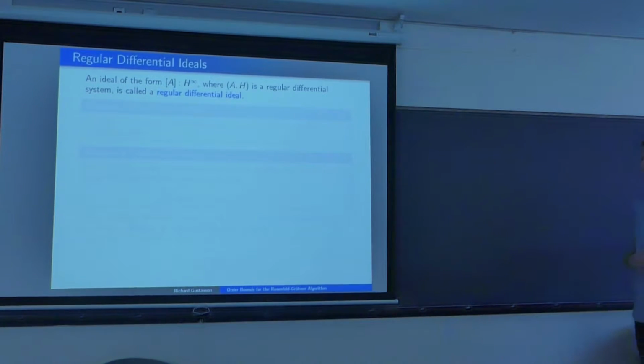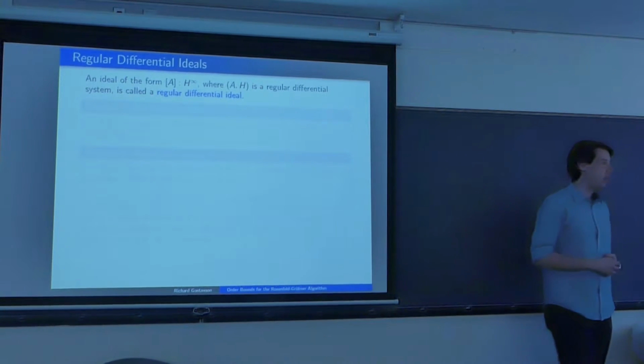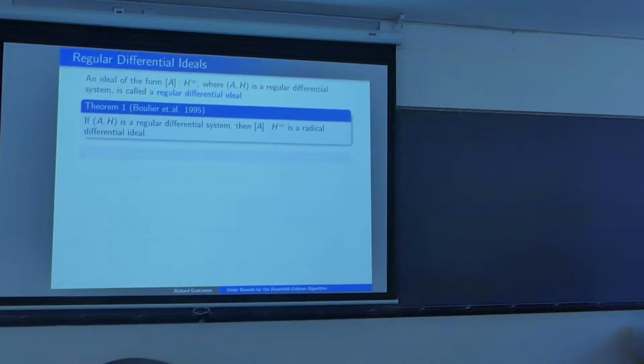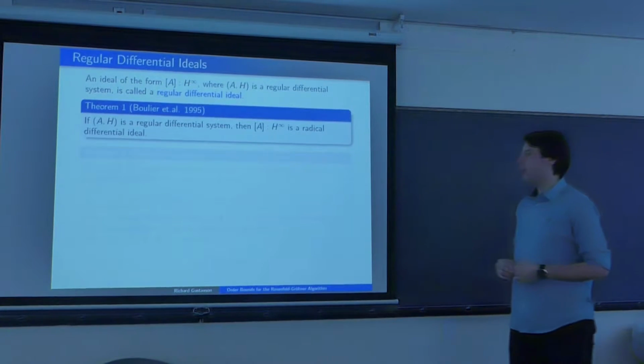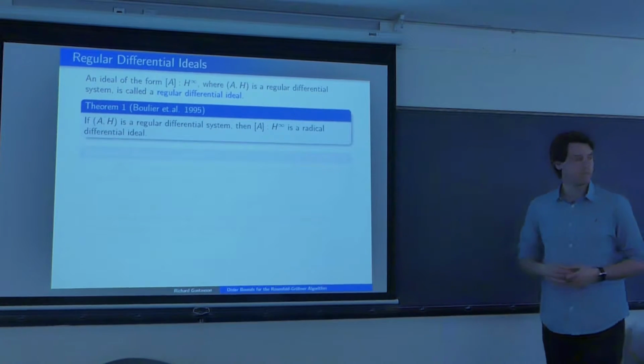Okay, and then, if we have a regular differential system, we let the saturation ideal A by H infinity, we call that a regular differential ideal. And this has a lot of nice properties. Boulier and his colleagues proved in 1995 that if we have a regular differential system, then the saturation ideal, which in general would just be a differential ideal, is actually a radical differential ideal.